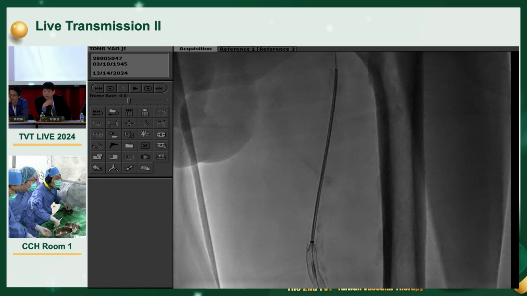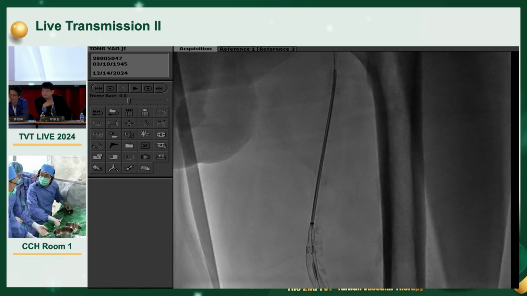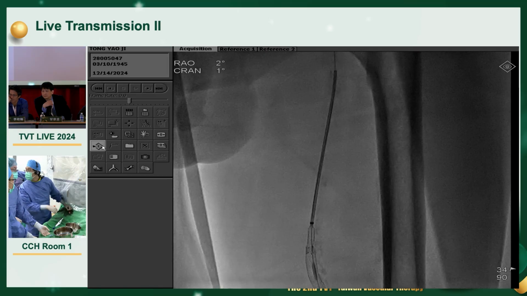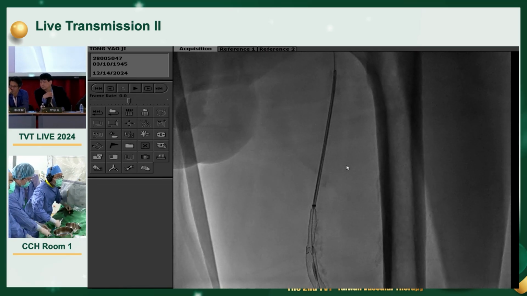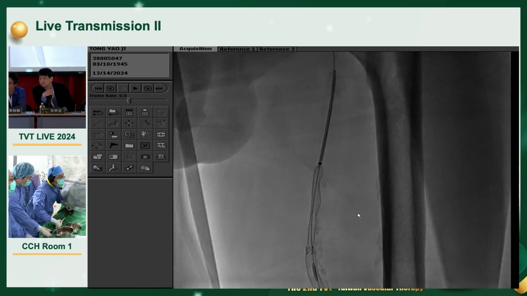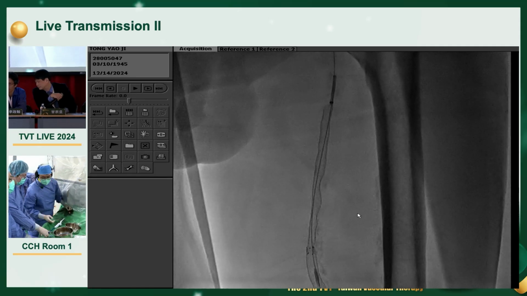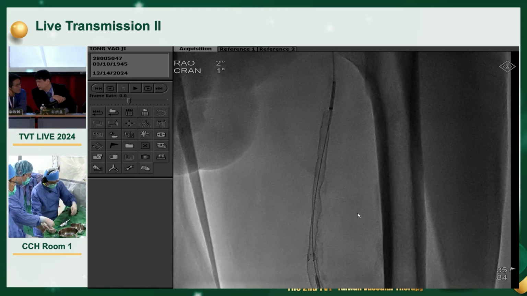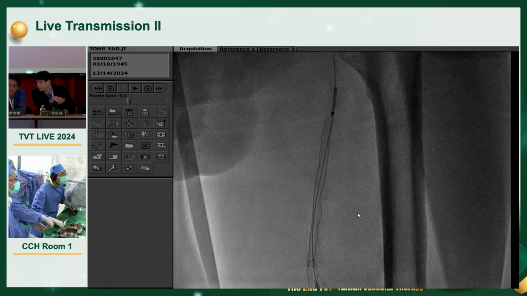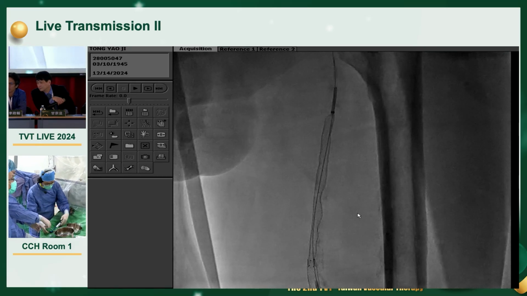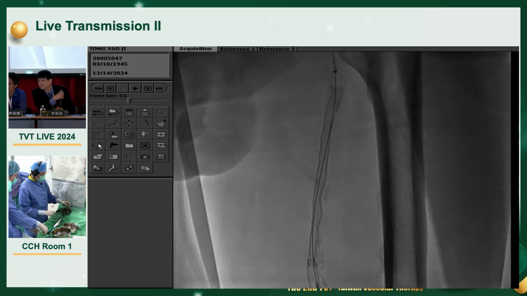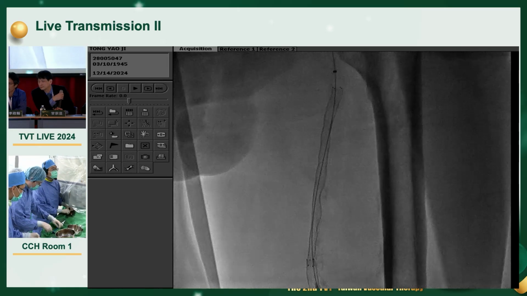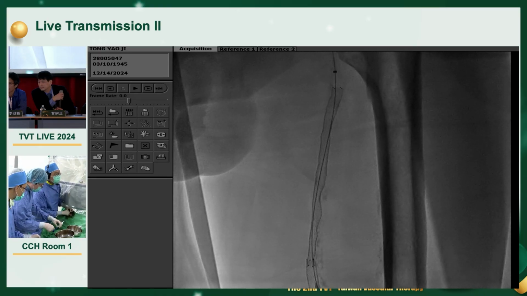What stent are you using? Rencho. This is Rencho. Oh, Illuvia. Illuvia. Stent deploy slowly. Now, this is the first stent.